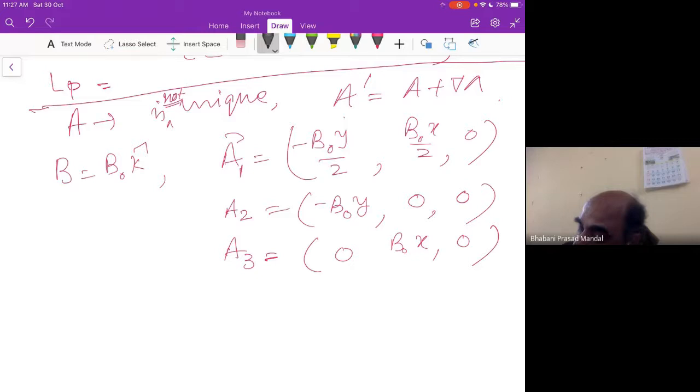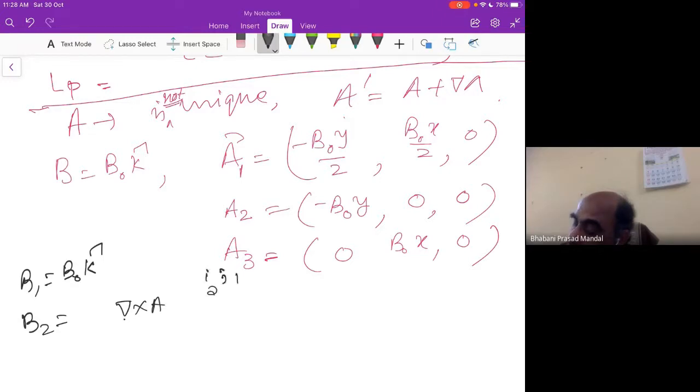For the first we have already seen it. Now for the second, B1 is also B0 k, that we already know. So B2, for the A2, let us calculate, it is curl of A. Curl means the derivative will act on this. Let me write clearly, not in a hurry: i, j, k, then del del x, del del y, del del z.